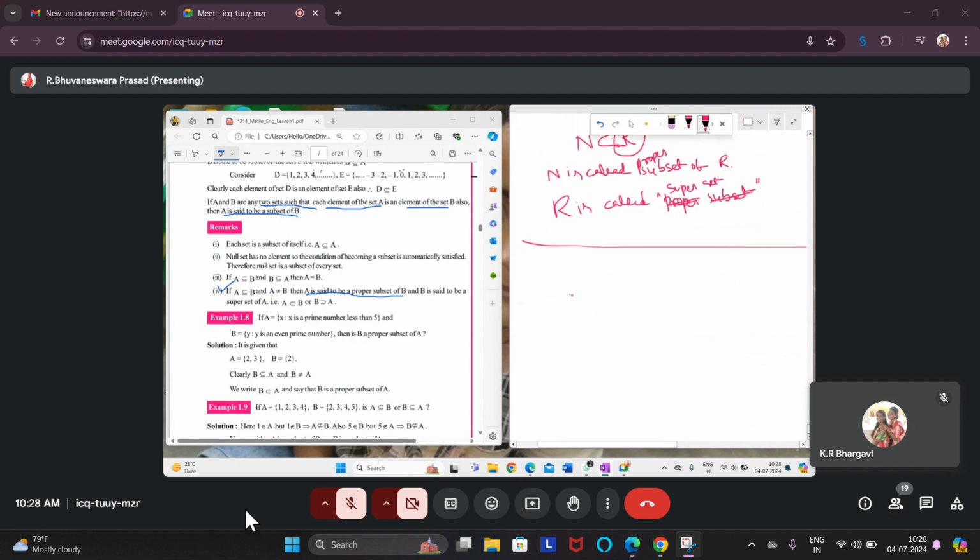Let me give clarity. n equals 1 2 3, r equals 1 2 3 4. So here n is a subset of r. R is called a superset, and n is called a proper subset.